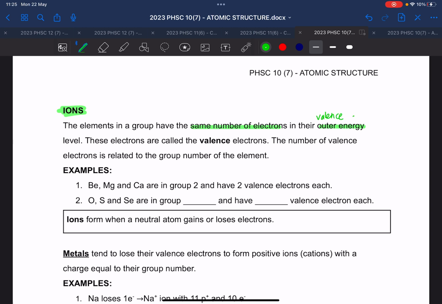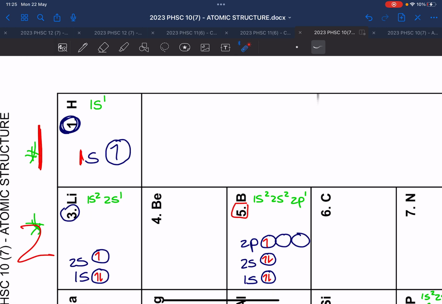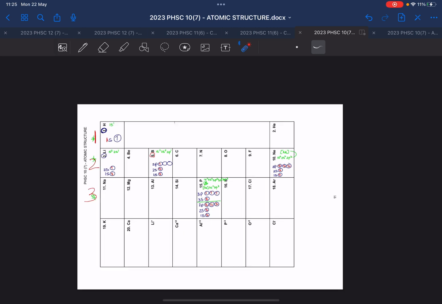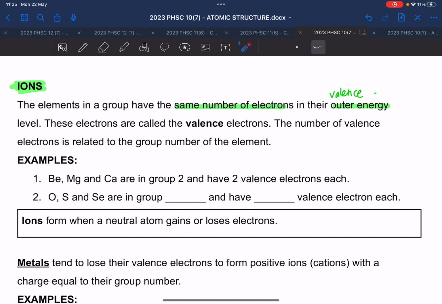If we look at hydrogen and lithium, hydrogen has in its last energy level 1 valence electron. Lithium in its last energy level has 1 valence electron. So all of them in the same group have the same number of valence electrons.